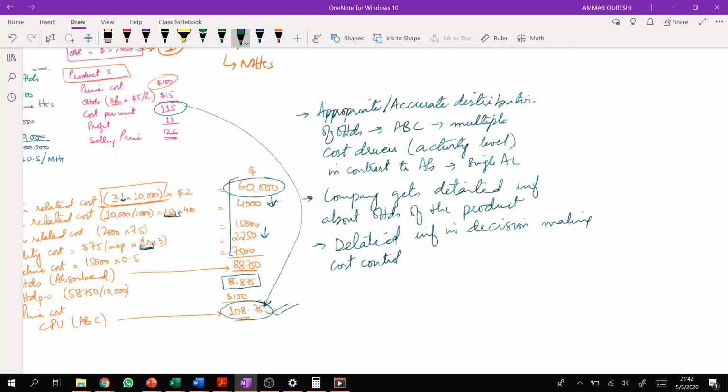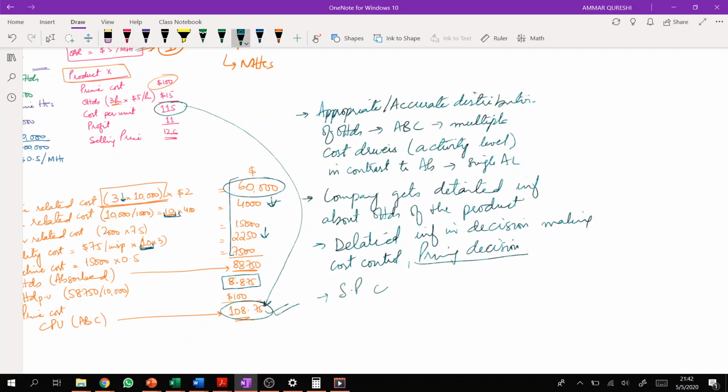So in this case, we can go for cost control, because cost control means we can reduce the cost of the product, right? So in decision making, cost control is majorly involved here. And you can also use pricing decision, or you can write pricing decision as a separate point.